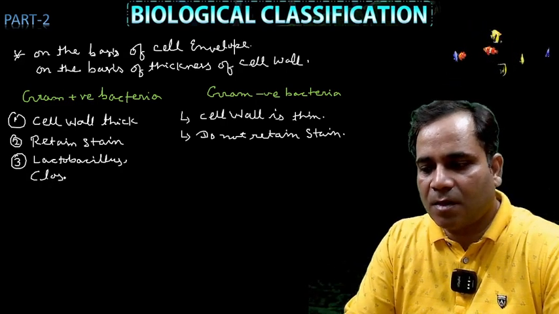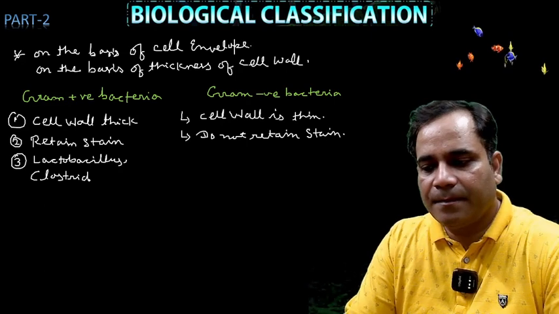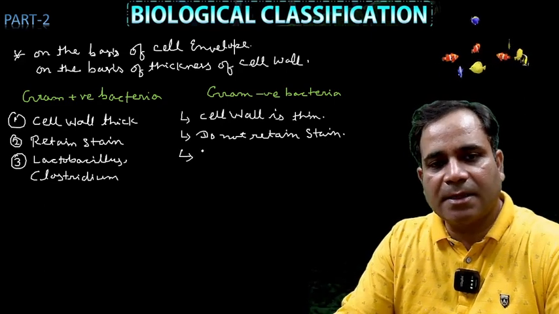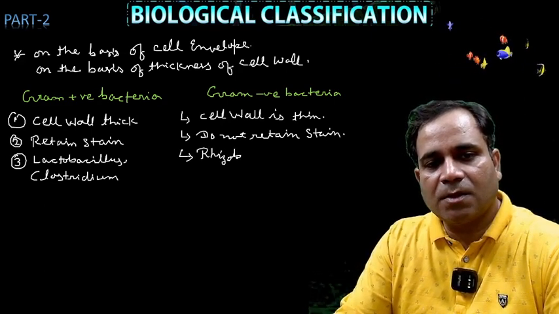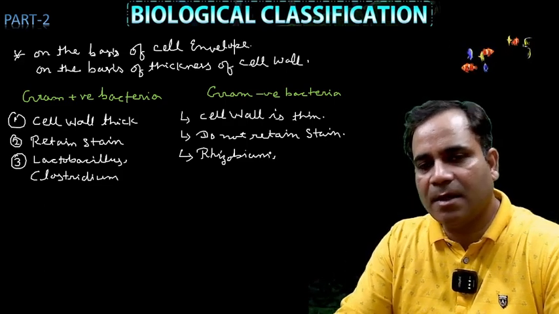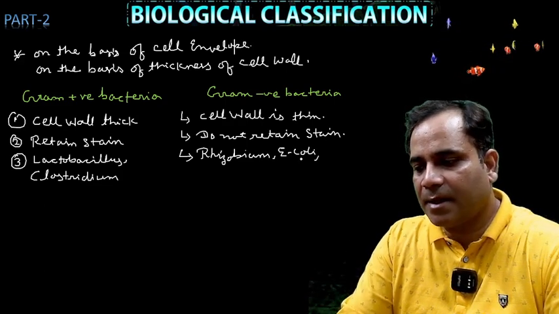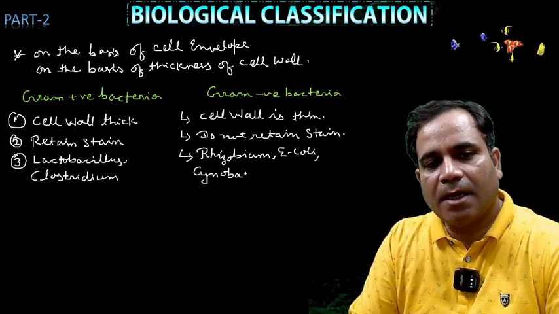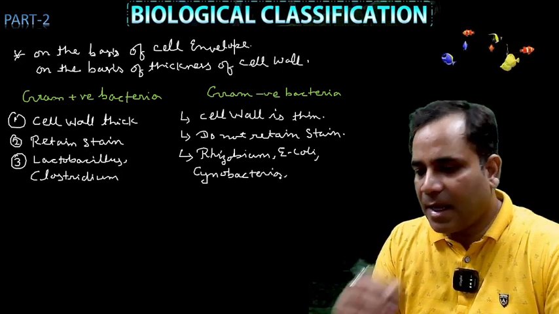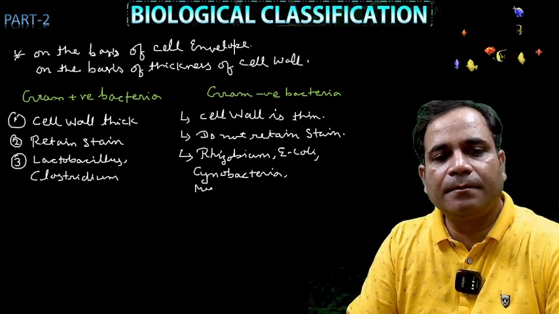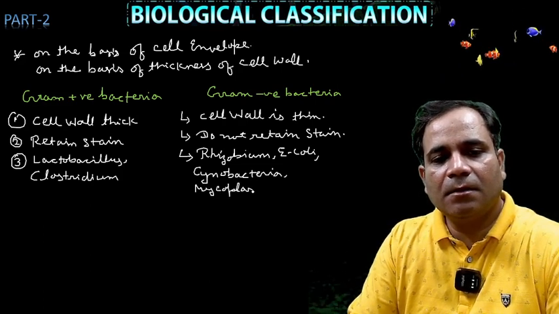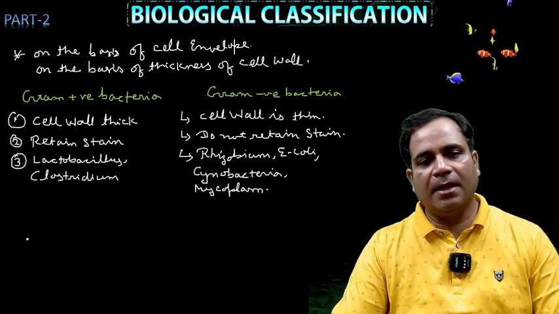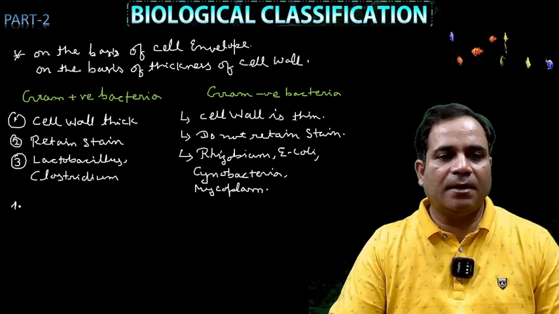And in gram negative bacteria, the examples are Rhizobium, E. coli bacteria, Cyanobacteria, as well as Mycoplasma. These all are gram negative bacteria.